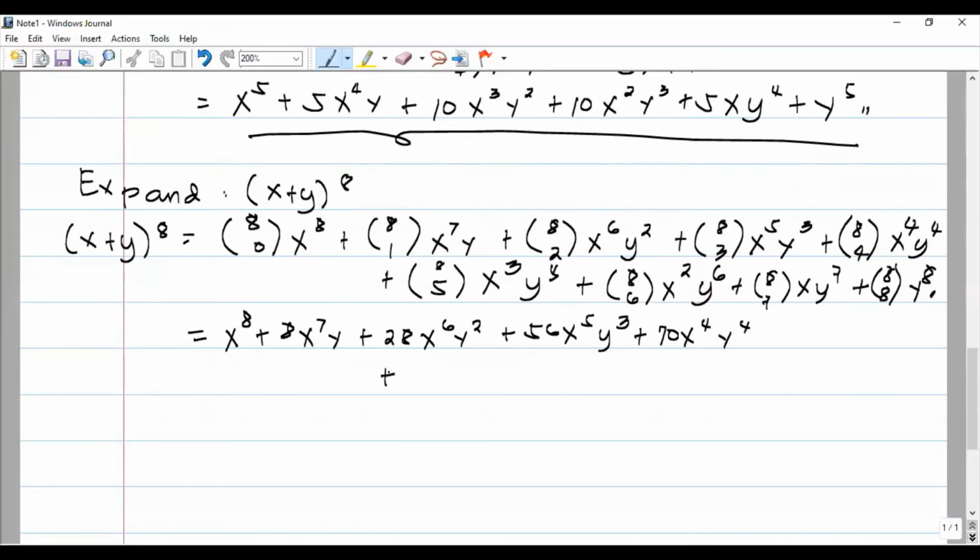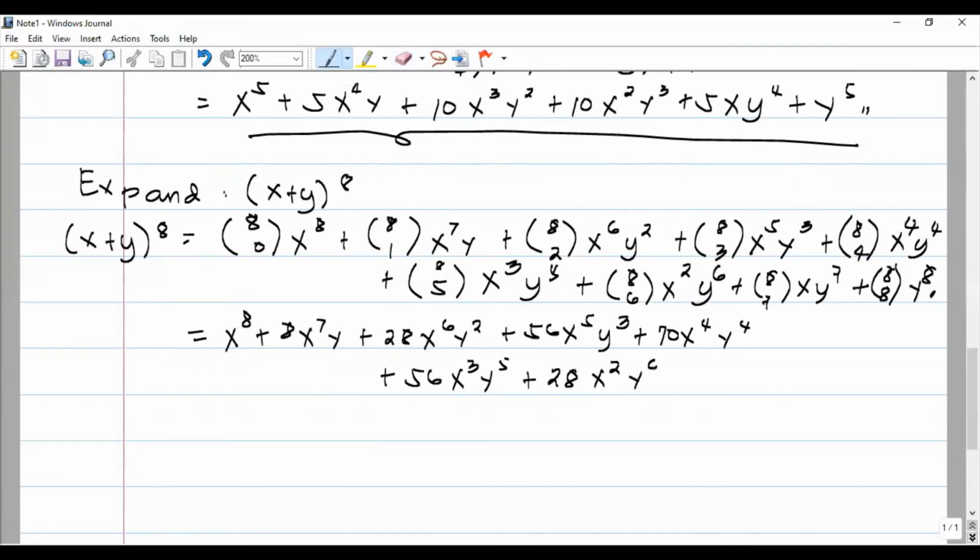Plus the combination of 8 taken 5 at a time is 56 x cubed y to the 5th. Plus the combination of 8 taken 6 at a time is 28 x squared y to the 6th.